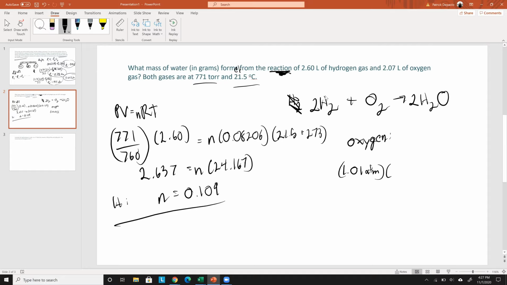The volume is going to be 2.07 liters, which is going to equal N times R, which is our 0.08206, times our temperature, which is 21.5 plus 273, which is 294.5. Okay, so let's solve for N one more time.